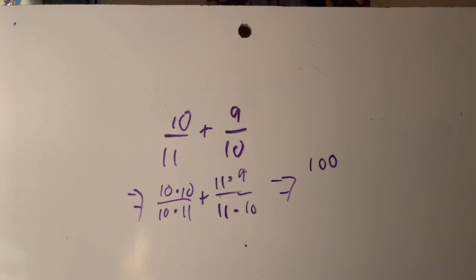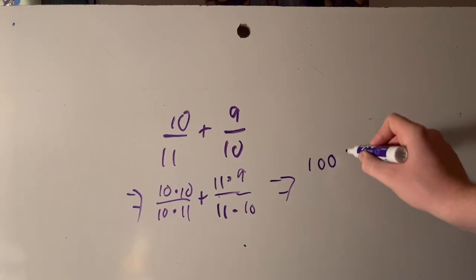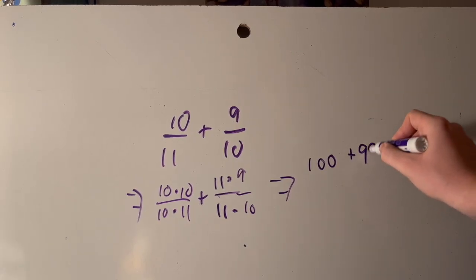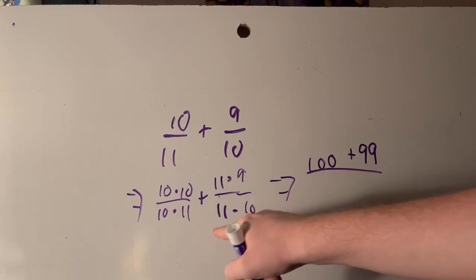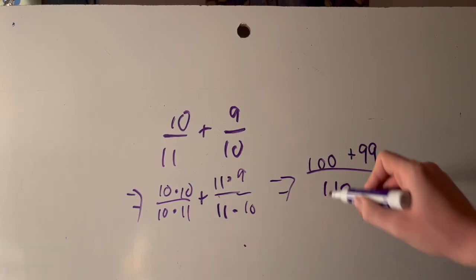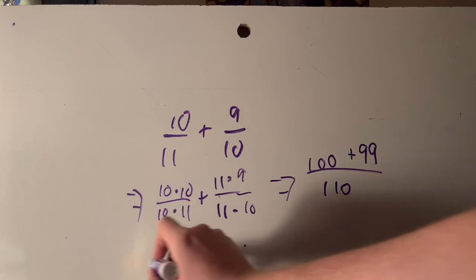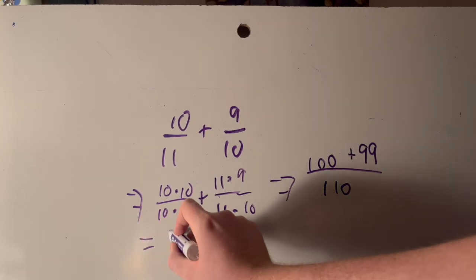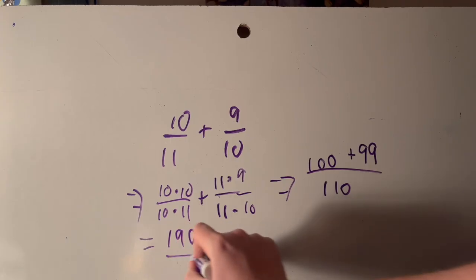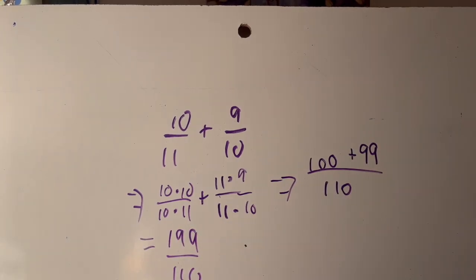Well, 9 times 10 is 90, and 10 plus 1 is equal to 11. So if we split the 11 into 10 plus 1, we can say it's 10 times 9 plus 1 times 9. So that will equal 99. And our denominator is 11 times 10, which is 110. So our total is 199 over this.